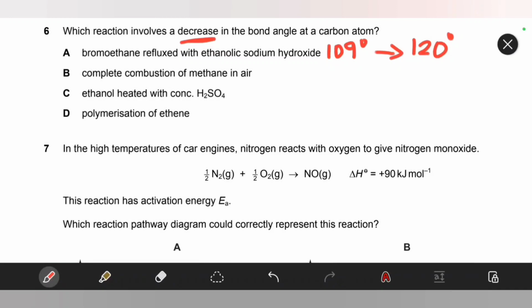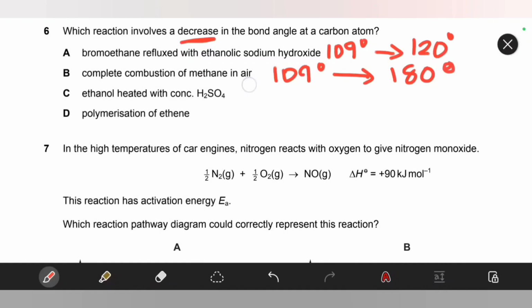Now in B, complete combustion of methane in air, it produces carbon dioxide. So from methane to carbon dioxide, there is an increase in bond angle from 109 degrees to 180 degrees. Since again in methane, a carbon is tetrahedrally bonded to 4 hydrogen atoms, so 109 degree bond angle, and in carbon dioxide it is linearly bonded to 2 oxygen atoms, making an angle of 180 degrees.